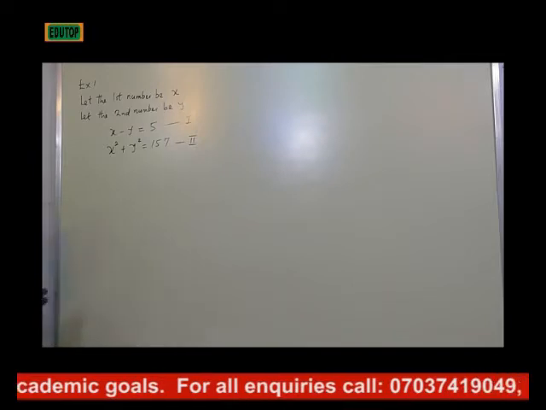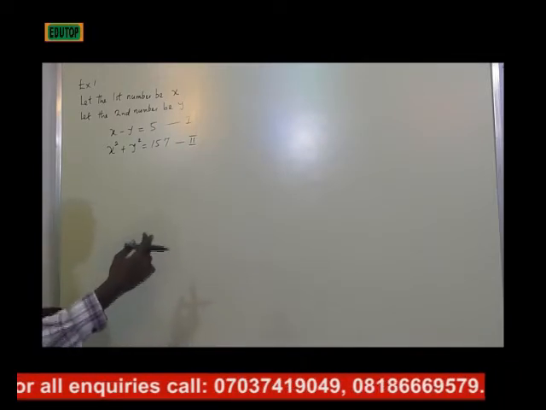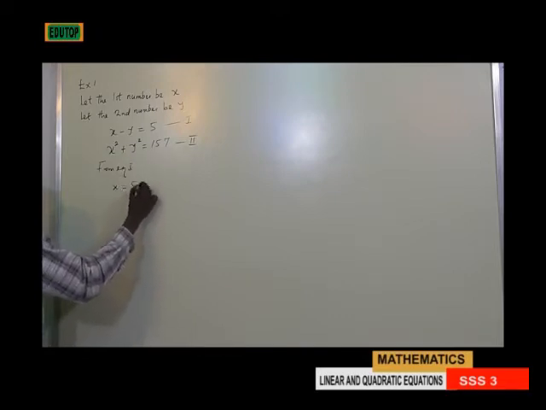So what we do next is to make x the subject of the formula. You can also make y, but I prefer to make x the subject. From equation 1, I will have x equals 5 plus y.